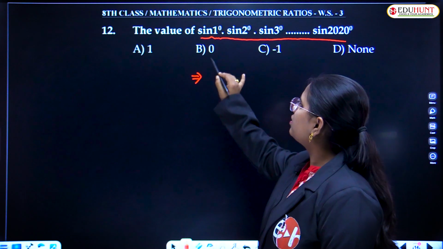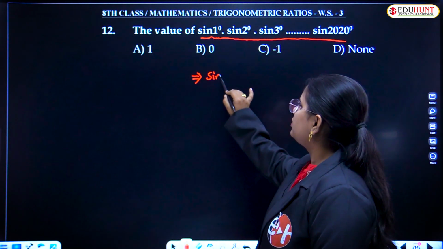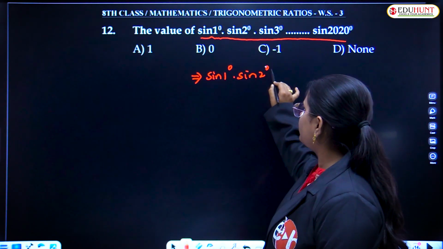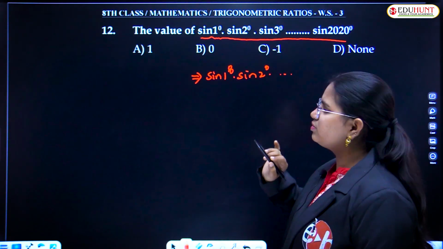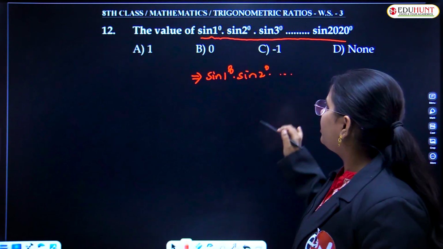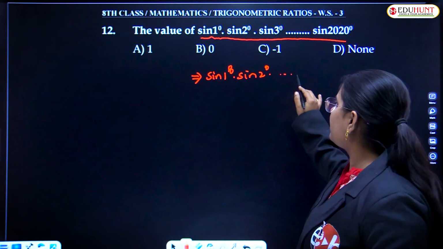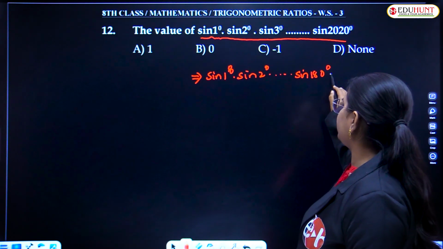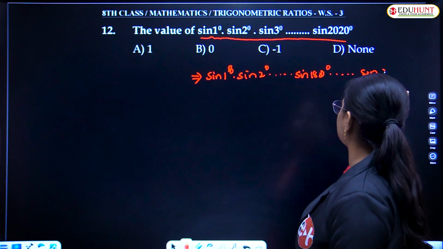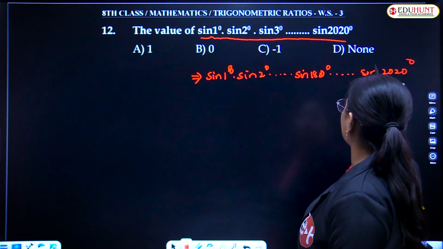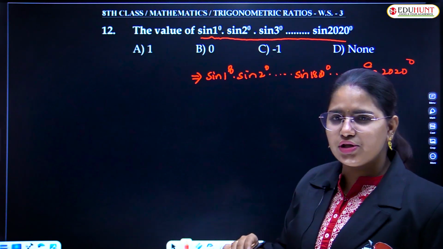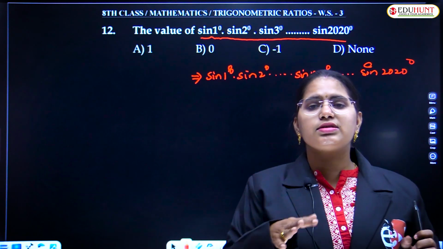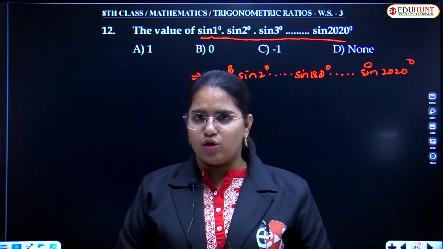In between sine 1 degree, sine 2 degree, sine 3 degree, sine 4 degree and so on up to sine 20, you will also have sine 180 degree, right? Obviously.